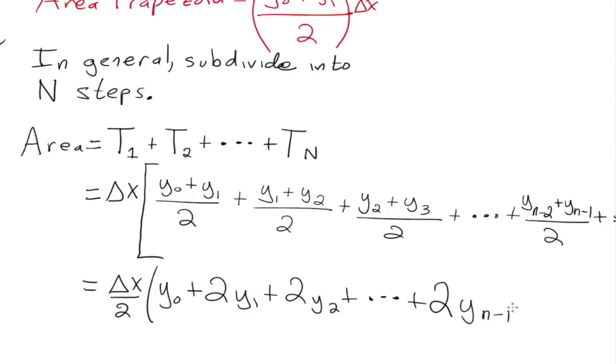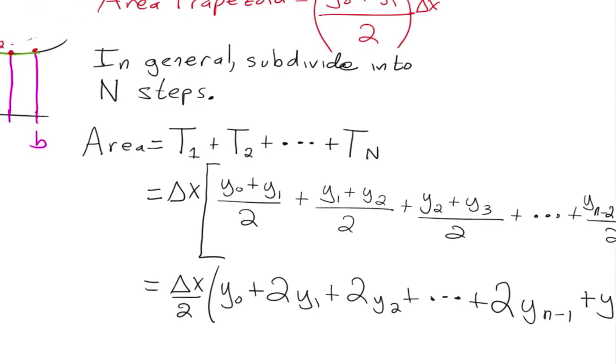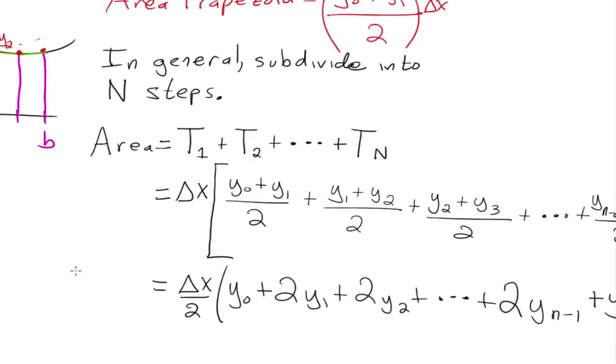And then how many y sub n's? Just 1 y sub n. And that's it. And so this is an approximation for the integral from a to b of f of x dx. Sorry, approximately equal to. Right?